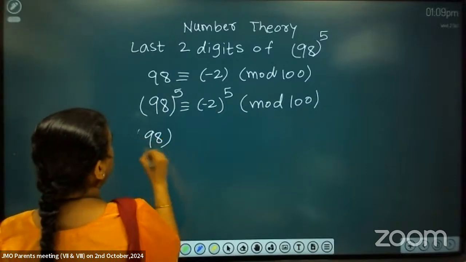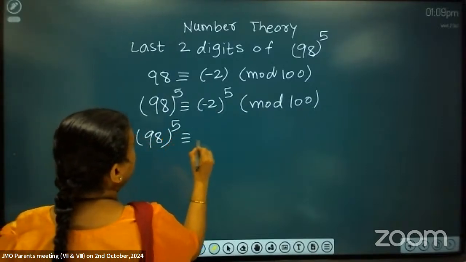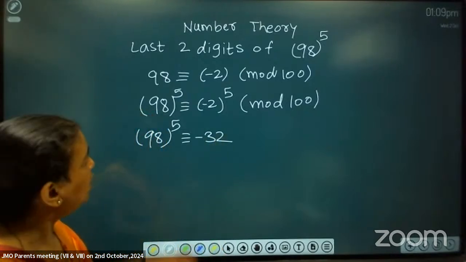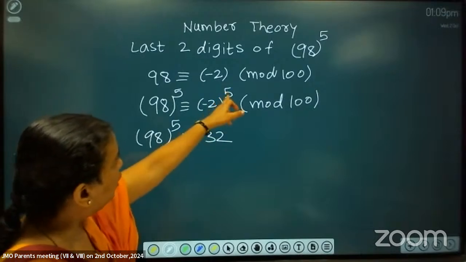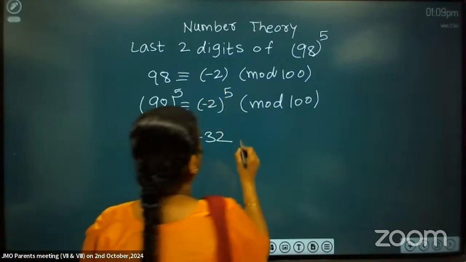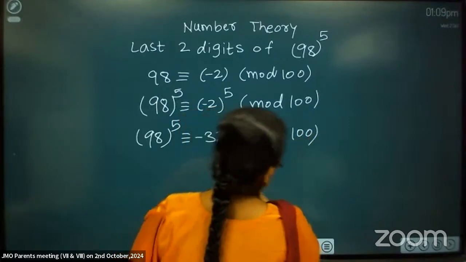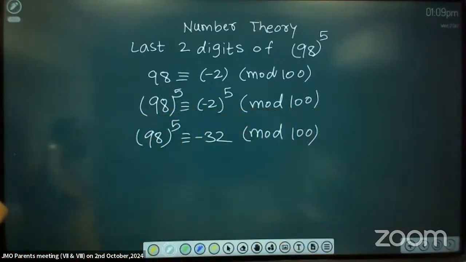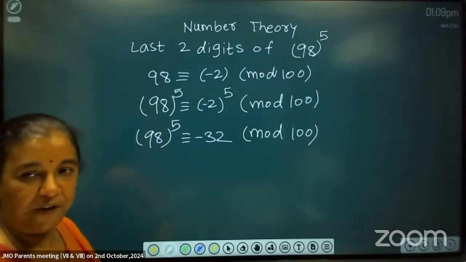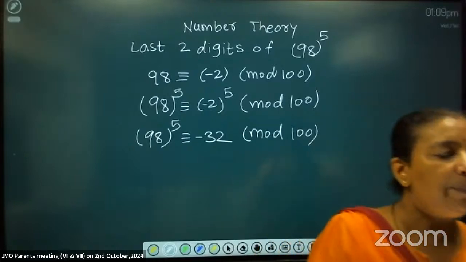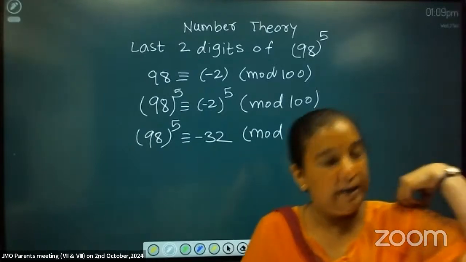That is equal to minus 32. 2 to the power 5 is 32, and the minus sign will stay because 5 is an odd integer. This is mod 100. You understand this? So in 98 to the power 5, if I add 32, the number will be divisible by 100.